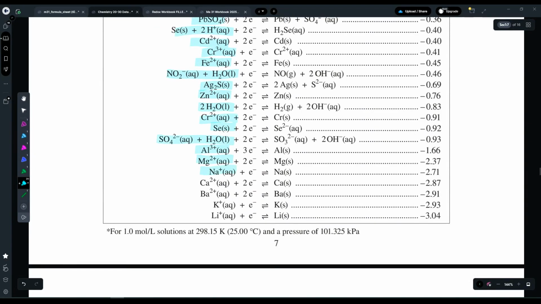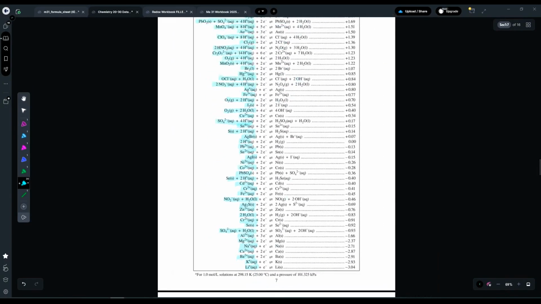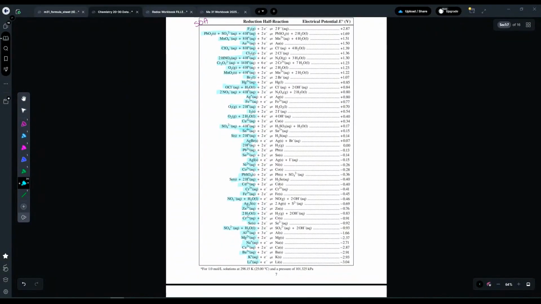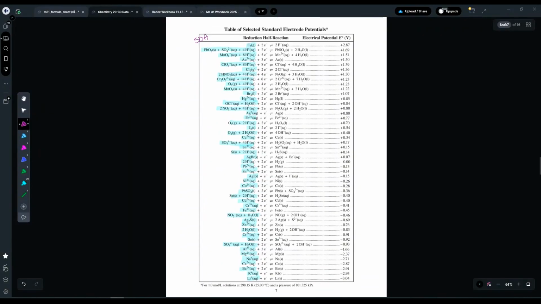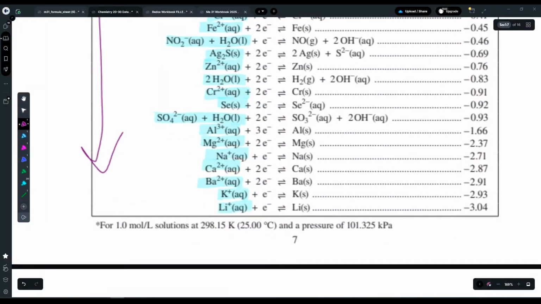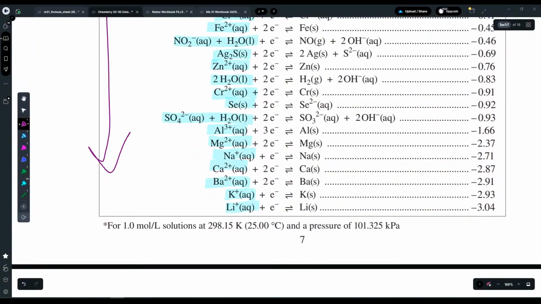The reason I'm highlighting each one is just so that you can see this. Since our strongest one is in the top left-hand corner, as we go down they get weaker and weaker. So lithium 1+ is going to be your weakest oxidizing agent.